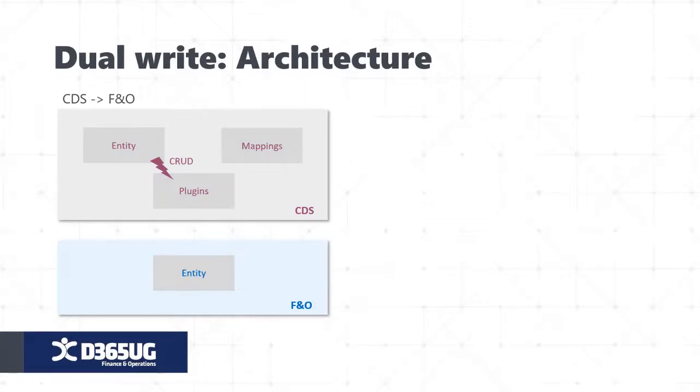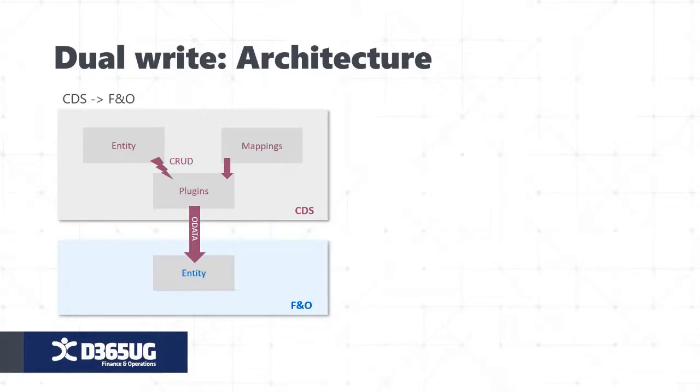But as part of the dual write implementation, what the Microsoft team has done is, whenever any CRUD operation happens, a plugin gets fired. Part of the plugin is that it writes data back into FNO using mappings, and it uses OData to write data back into FNO. That is one side of the dual write architecture, from CDS to FNO.